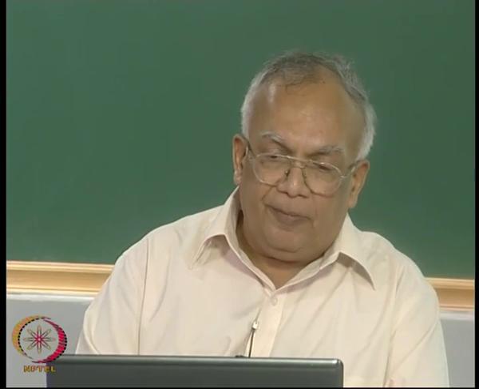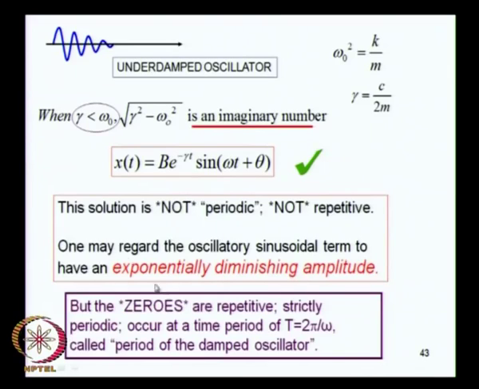Okay. So, the zeros are repetitive, but the amplitude is not. The total motion is not periodic, the amplitude diminishes exponentially, and this omega is called the frequency of the damped oscillator.